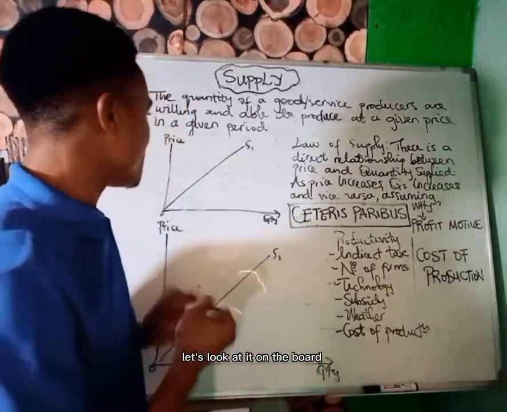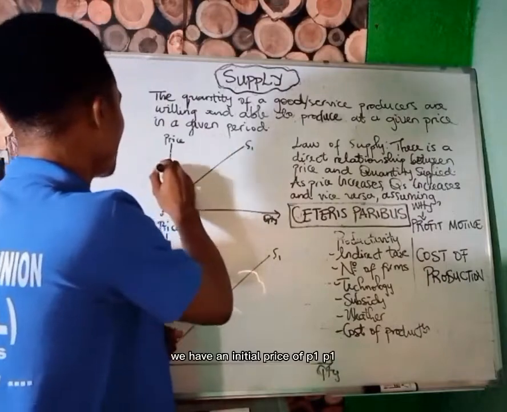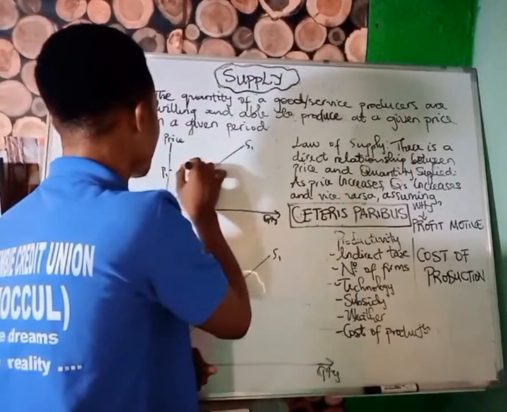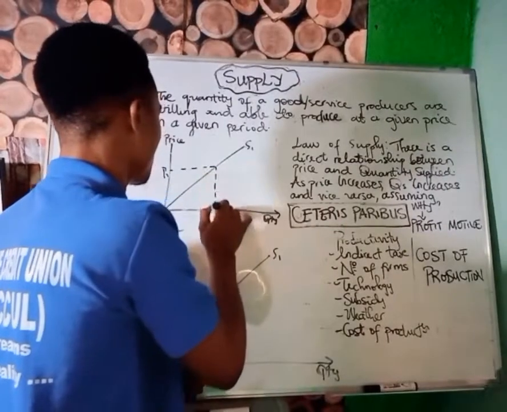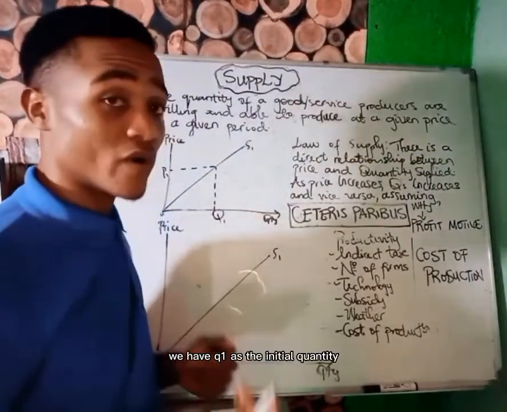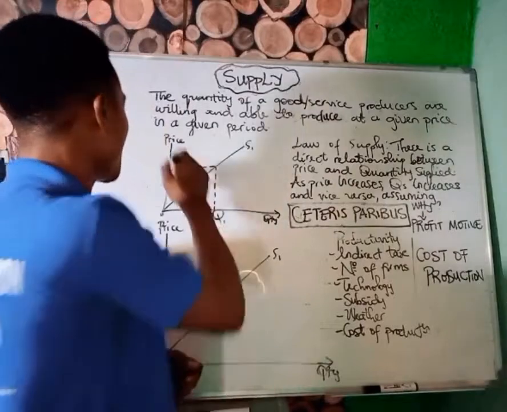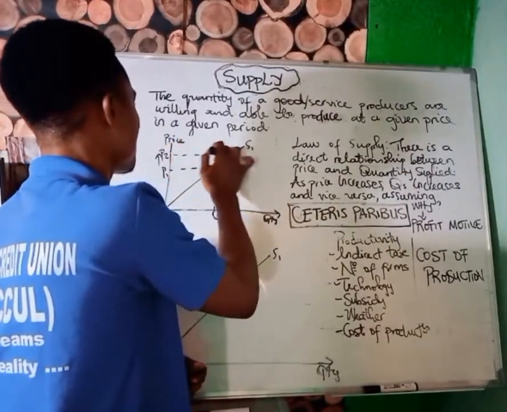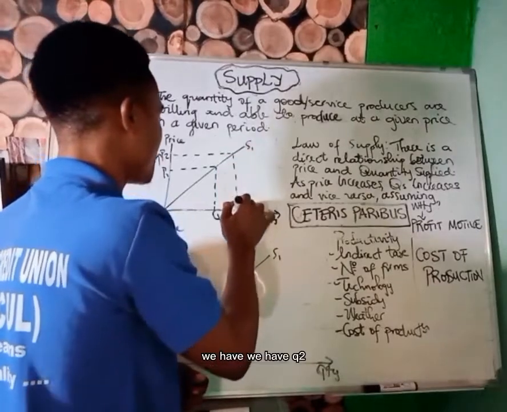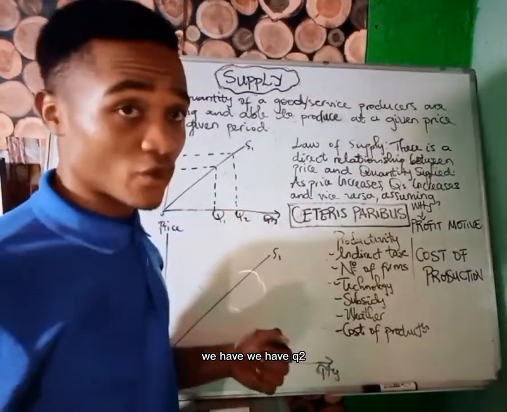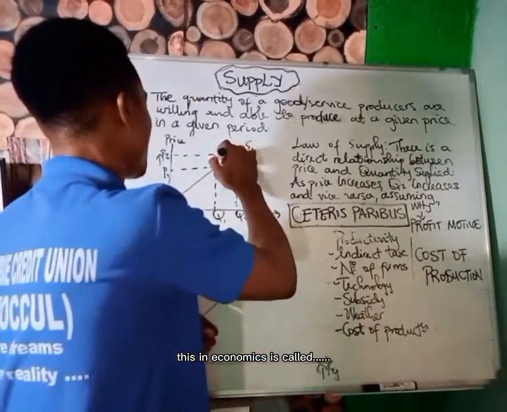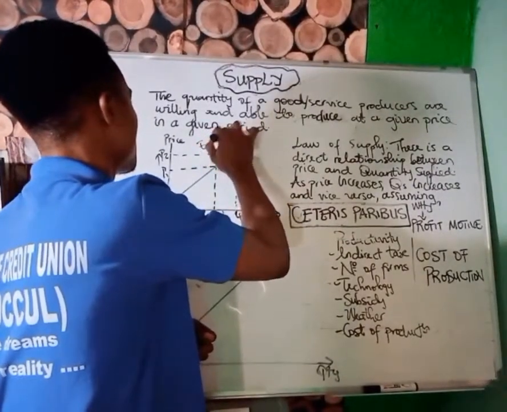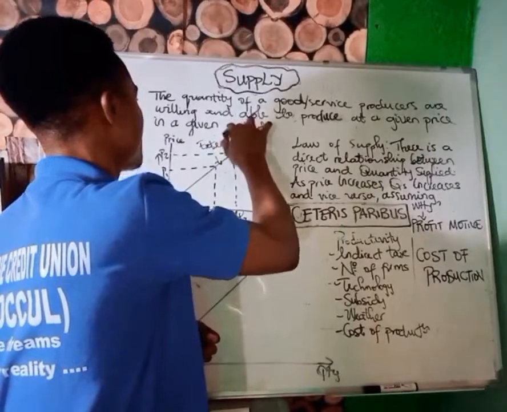Let's look at it on the board. Let's say we have an initial price of P1, and for that reason we have Q1 as the initial quantity. As price increases to P2, an upward movement, we have Q2. This in economics is called an extension in supply.